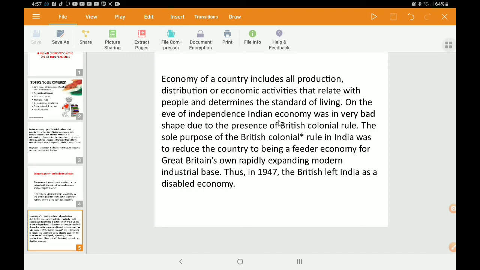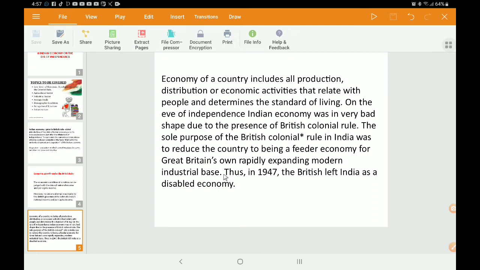On the eve of independence, Indian economy was in very bad shape due to the presence of British colonial rule. The sole purpose of the British colonial rule in India was to reduce the country to being a feeder economy for Great Britain's own rapidly expanding modern industrial base.